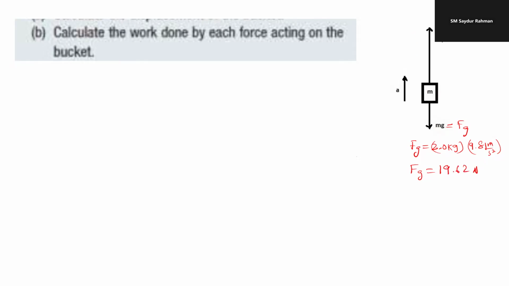And T is upward, we don't know, but we know the acceleration. Acceleration a is equal to 2.2 meter per second square.